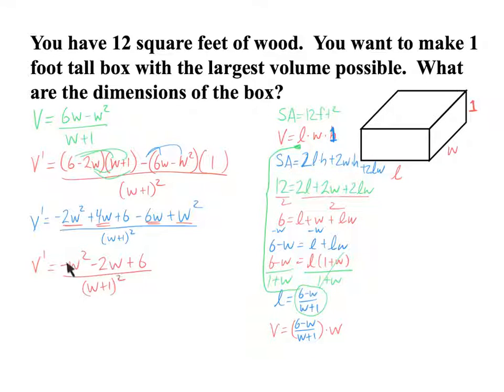So let's now find our critical numbers of this. To find critical numbers, we set the top equal to 0 and the bottom equal to 0. So we set the top and bottom of my derivative equal to 0.